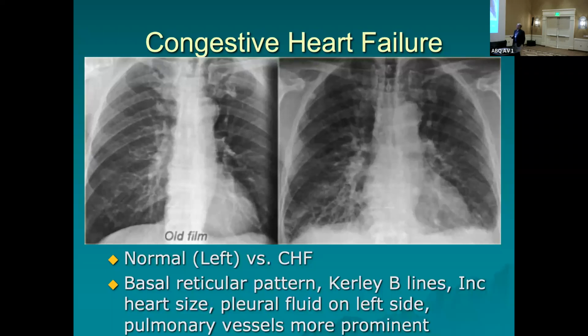Okay, congestive heart failure. Here you can see on the left side an older film versus a newer film right here. So normal versus congestive heart failure. You can see the curly B lines. It's still not a great film, but you can see a little bit of congestion right through here. Look at the size of the heart. It's not enlarged.